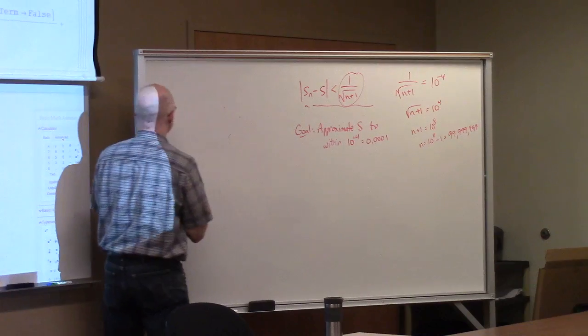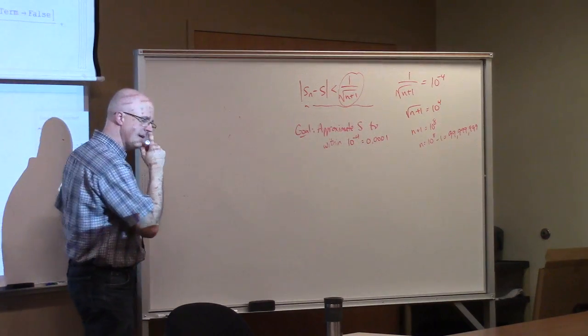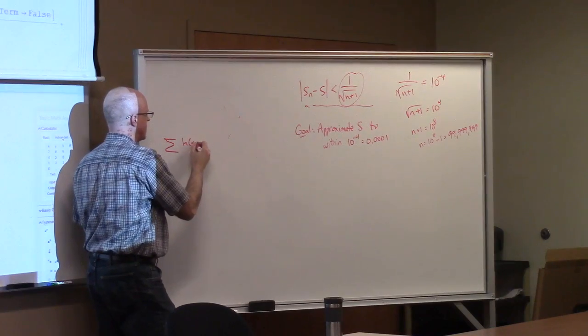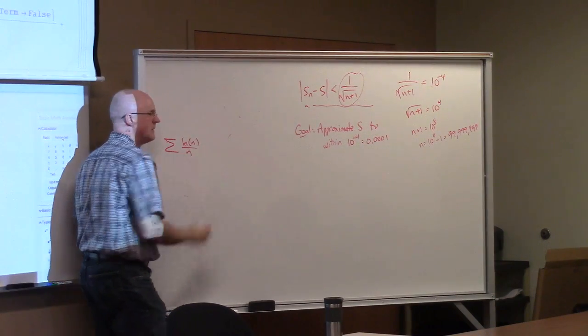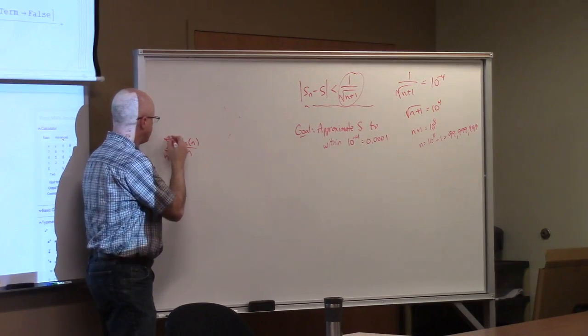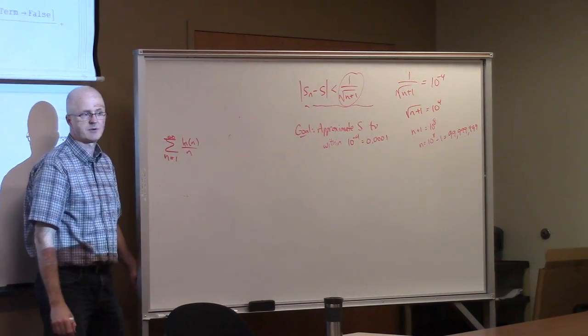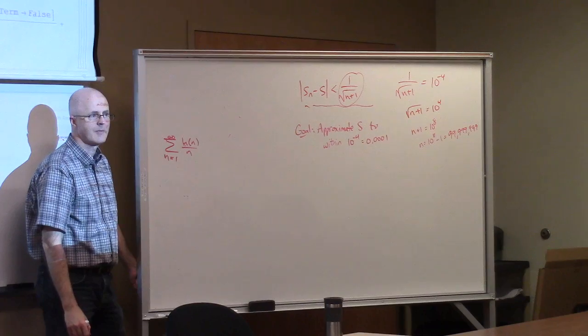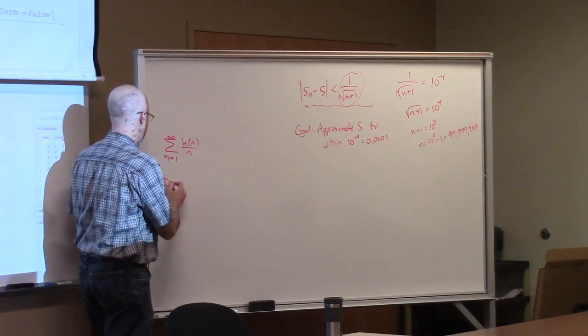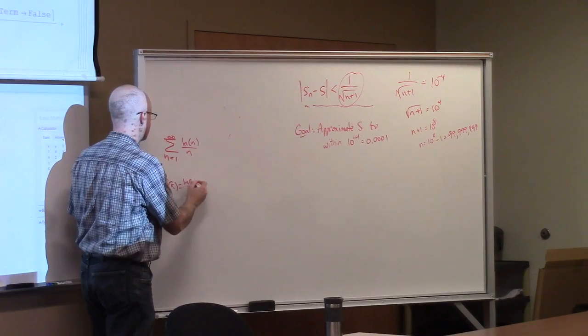If you've got a series that involves the natural log of n, for example this one, oftentimes the best thing to try is the integral test. Let f of x be natural log of x over x.